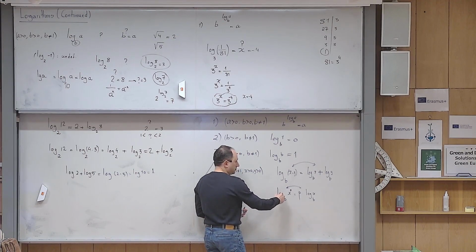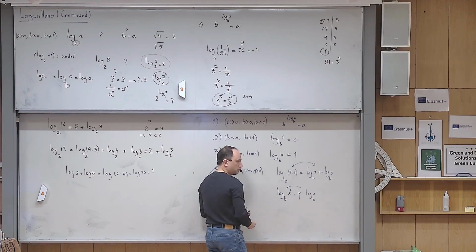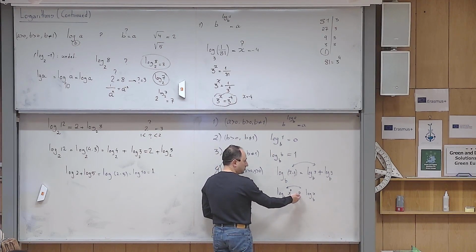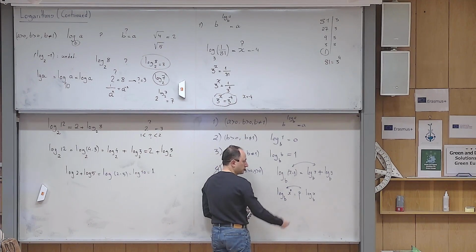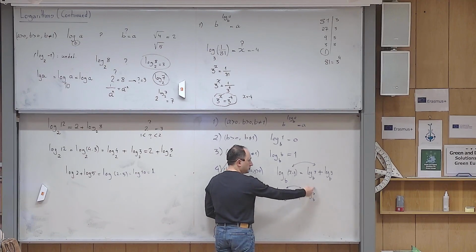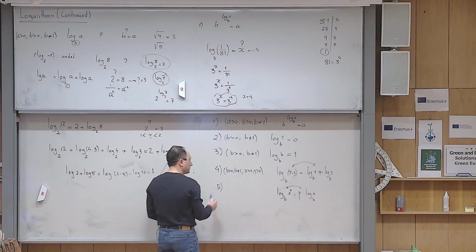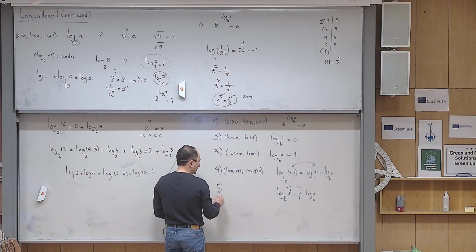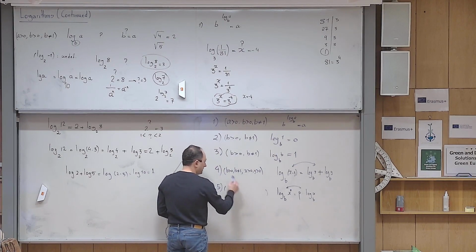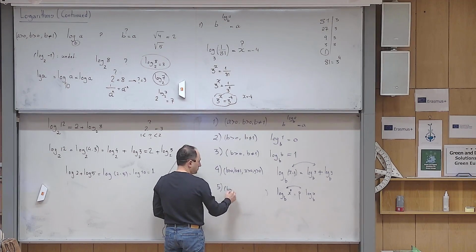Again, I want you to learn it in both directions. Sometimes you have this, and it is suitable for you to write it that way. Sometimes you have a number there and you want to get rid of it. So if you want to get rid of it, you can move it on top of that x. But of course, the conditions should also be set. b, because it appears as a base, should be positive and not equal to 1.